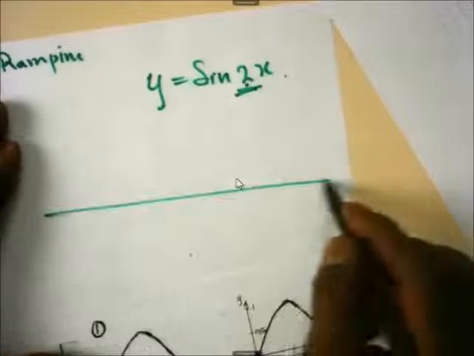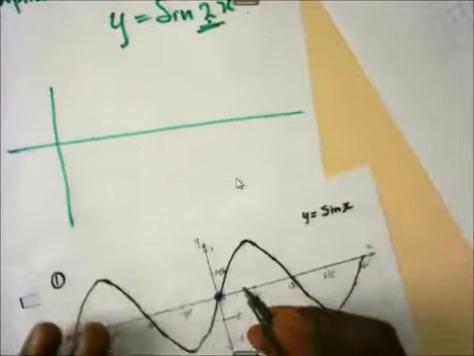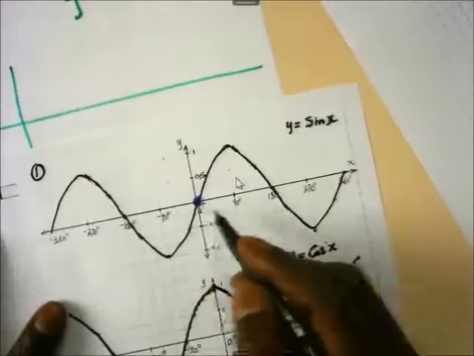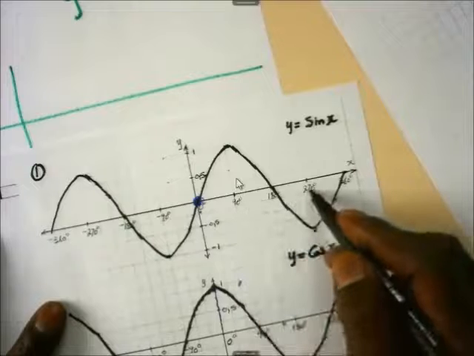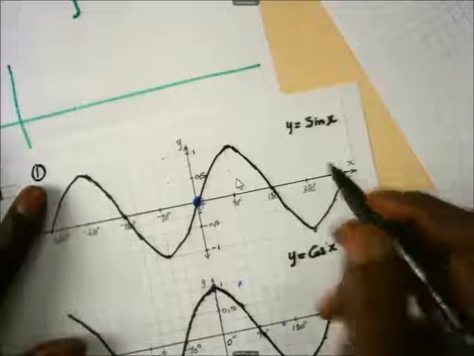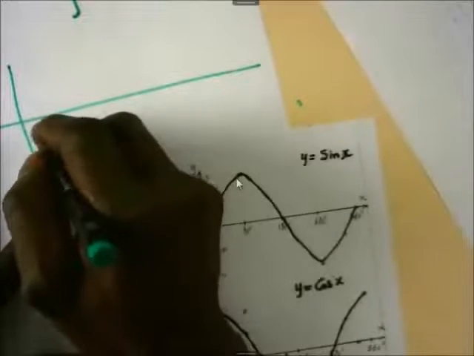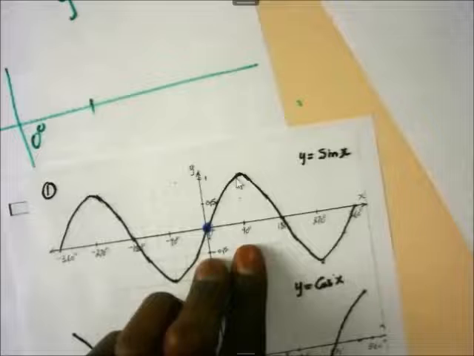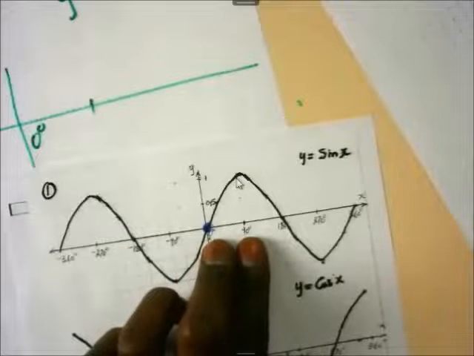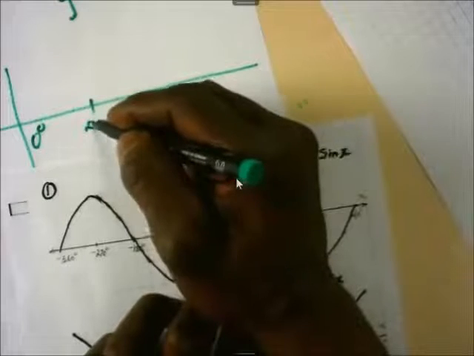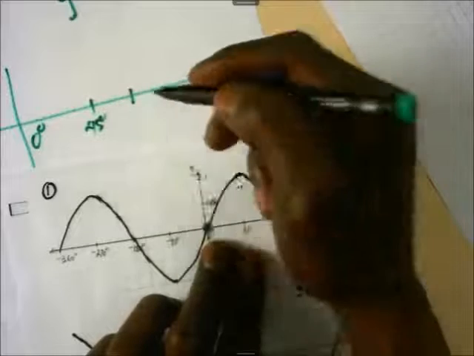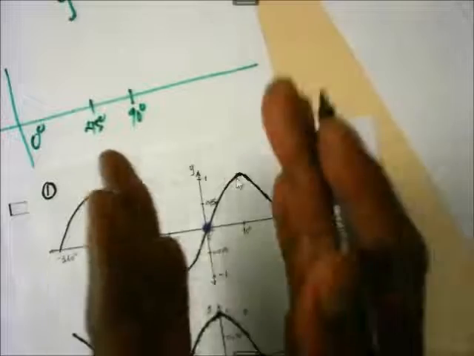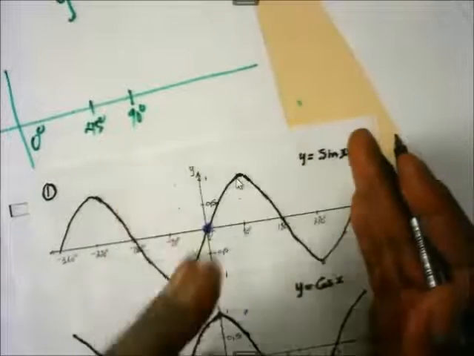In the original graph, we have multiples of 0, 90, 180, 270, 360. In this case, we'll have 0 degrees there, but the next multiple that will give us 1 must be 45 degrees. The next one must be 90 degrees. So this is changing the scale of the mother function.